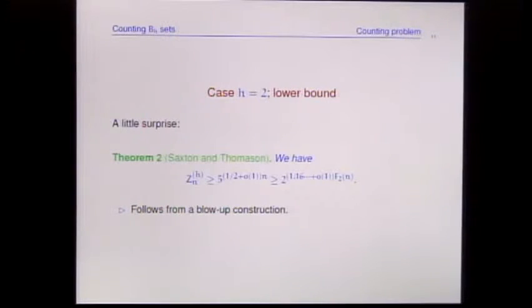Yes, there is some mismatch here. So I want to write f_2 of n here. Since we do not know how much f_h of n is in general for general h, you cannot quite write some inequality like this. But anyway, for Sidon, we do know one can do better than this.